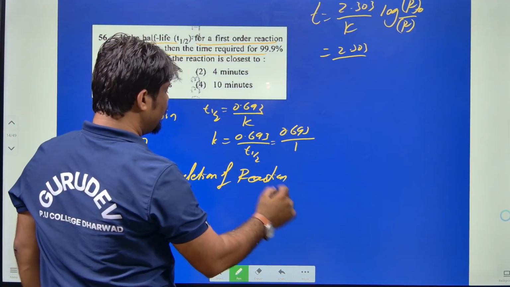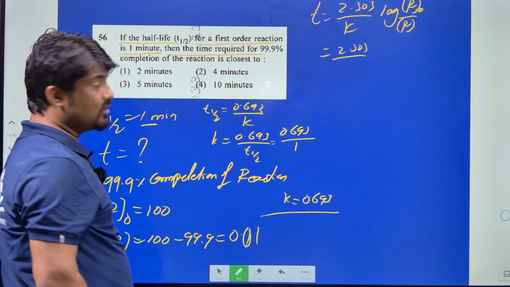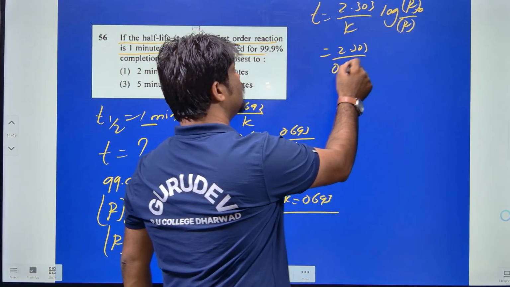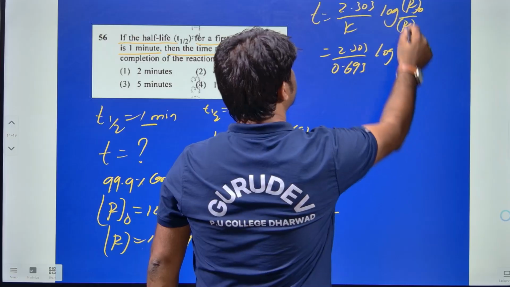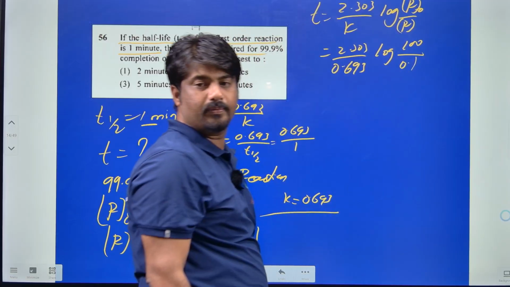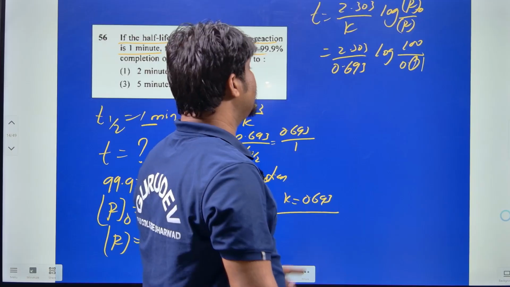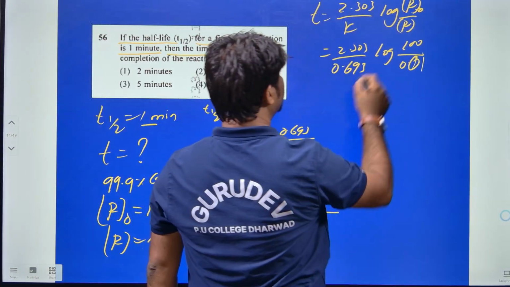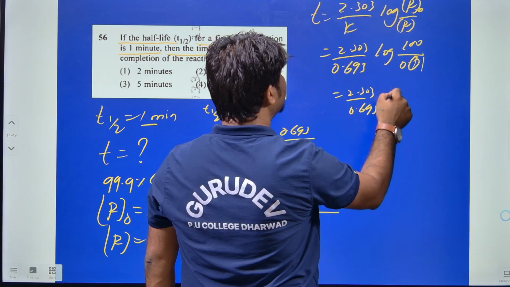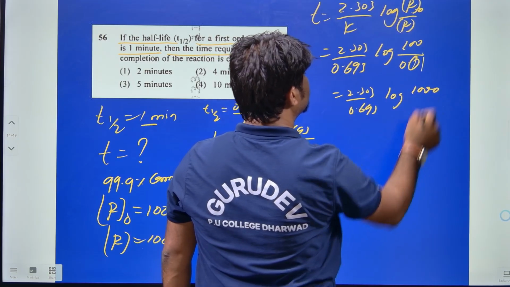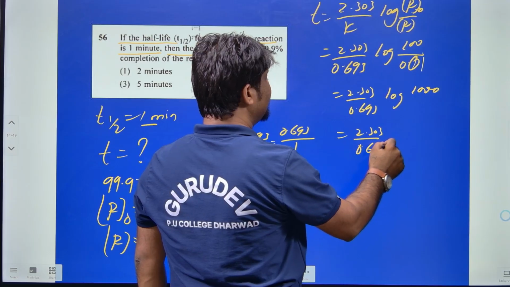Then ultimately k is equal to 0.693. So substitute the k value here, that is 2.303 divided by 0.693 into log of 100 divided by 0.1.